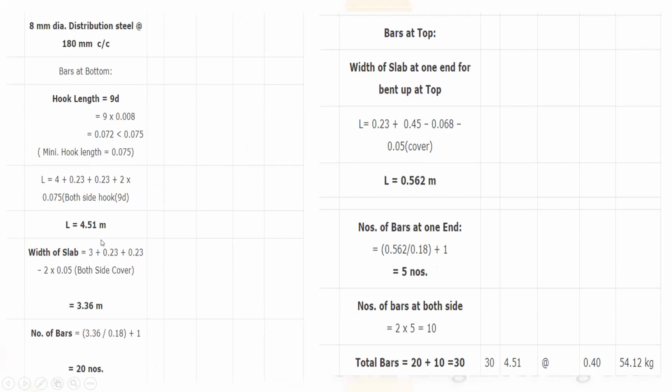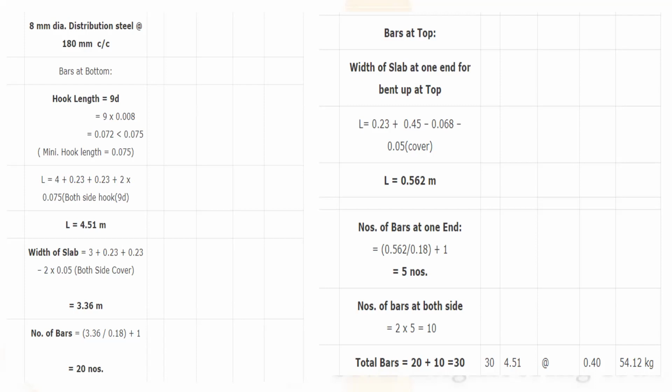That is L is equal to 4.51 meter. Width of the slab 3 plus 0.23 and 0.23, that is the beam sides, minus 2 into 0.005, that is 3.36 meter. Number of bars: 3.36 minus divided by 0.18 plus 1 will be 20 numbers.